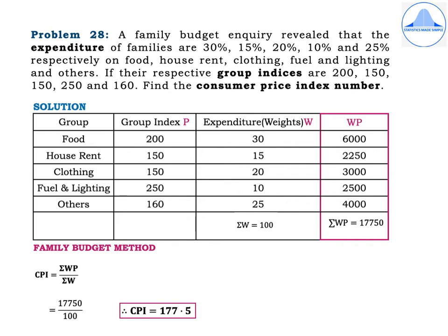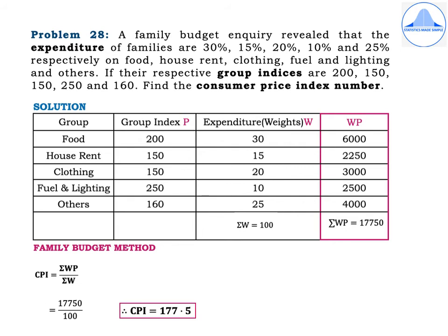The solution, let's form a table with the groups as food, house rent, clothing, fuel and lighting, and others. Now the group indices are given. So the second column is group index, that is 200, 150, 150, 250, 160. The expenditures are also given, which are 30, 15, 20, 10, and 25.